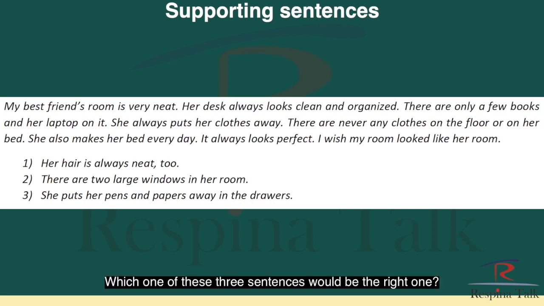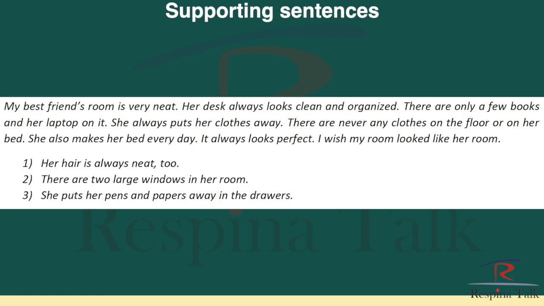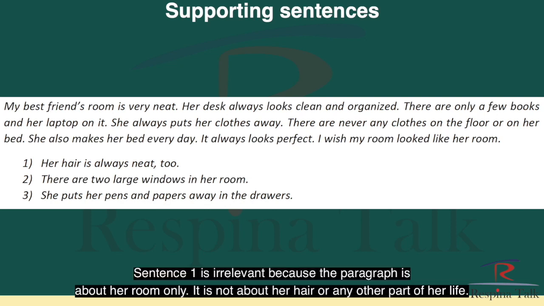Now, which one of these three sentences would be the right one? 1. Her hair is always neat too. 2. There are 2 large windows in her room. Or 3. She puts her pens and papers away in the drawers. Now, sentence 1 is irrelevant because the paragraph is about her room only.